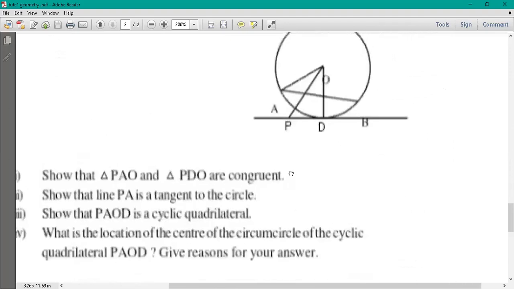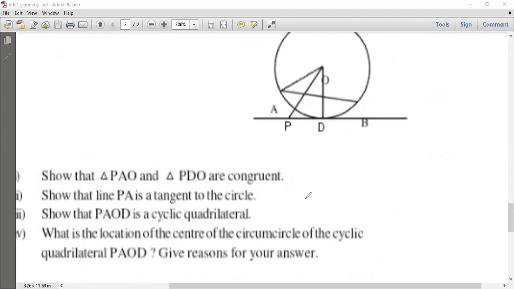So first one, we have to show the triangles are congruent. So we have to do a construction here. Now I am writing the corresponding elements.